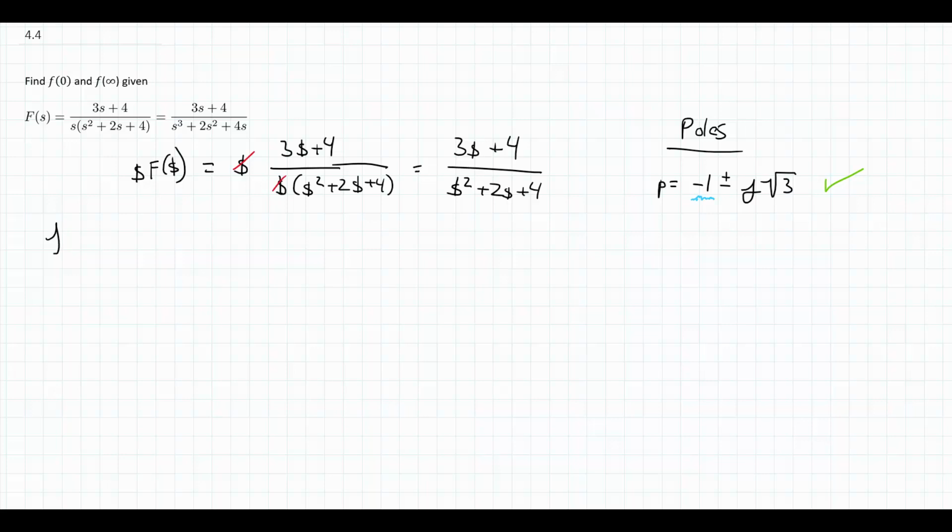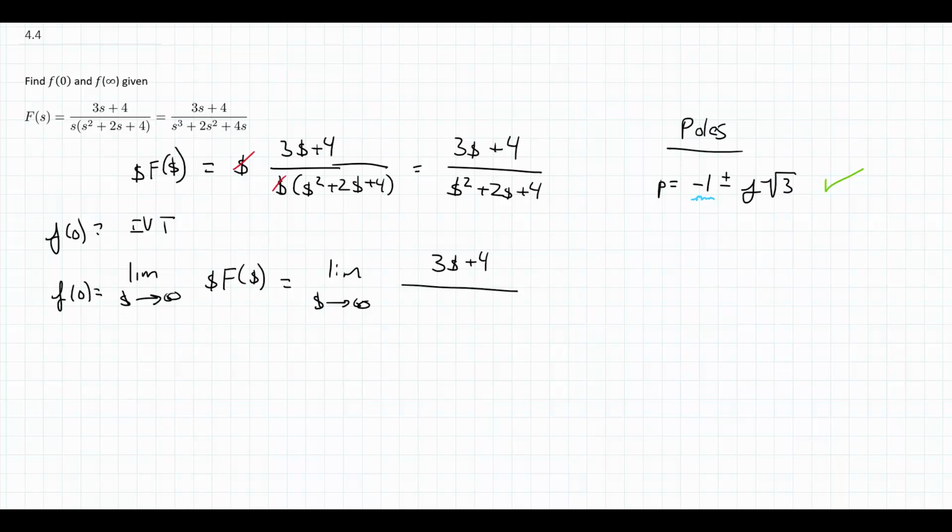So let's find f of 0 using initial value theorem. f of 0 is the limit as s goes to infinity of s times F of s. When taking the limit as s goes to infinity, I want the unfactored form, so that's 3s plus 4 over s cubed plus 2s squared plus 4s.